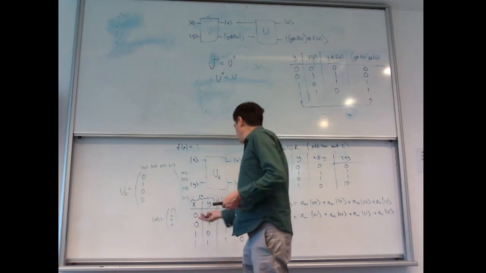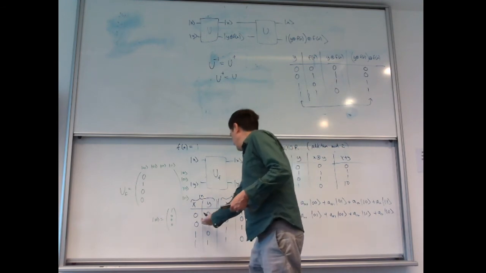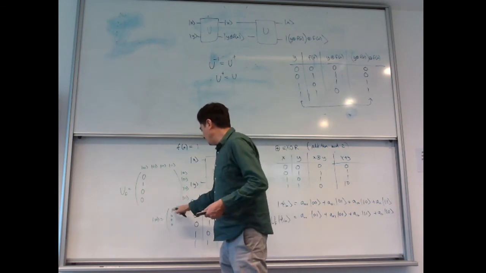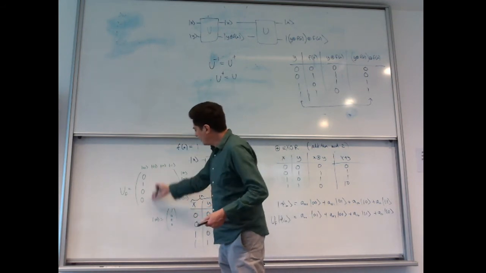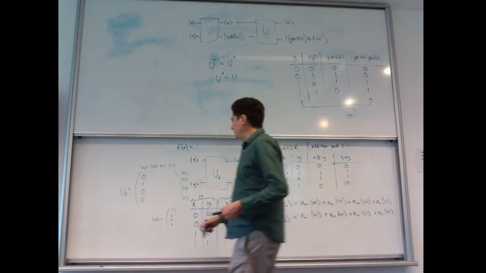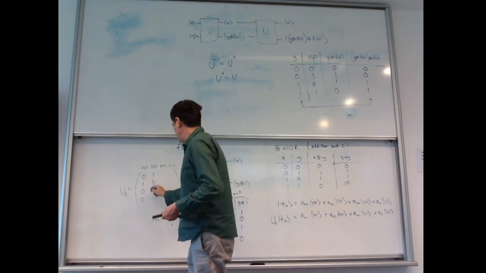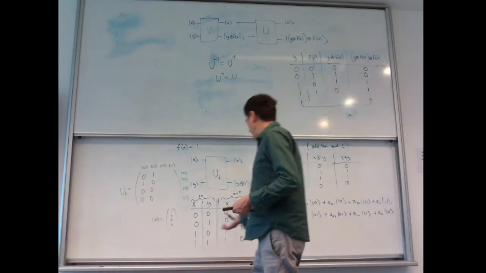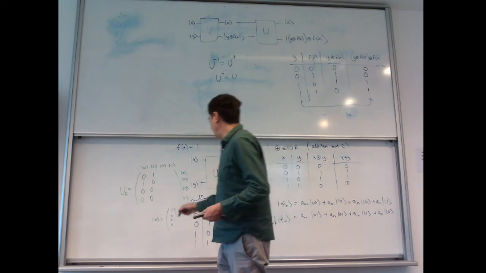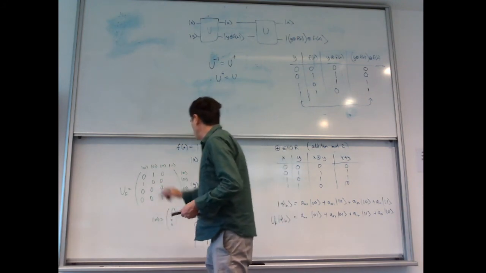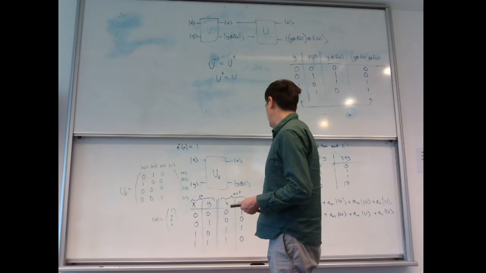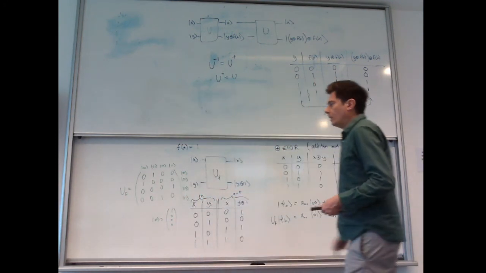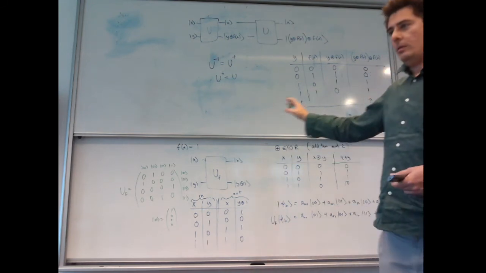Likewise, if the input is 0, 1, it corresponds to this column, and the output is 0, 0. So in that case, the matrix is this. If the input is this and the output is that, it's that. And the last one, 1, 0. Okay, so in matrix form, this oracle looks like this.